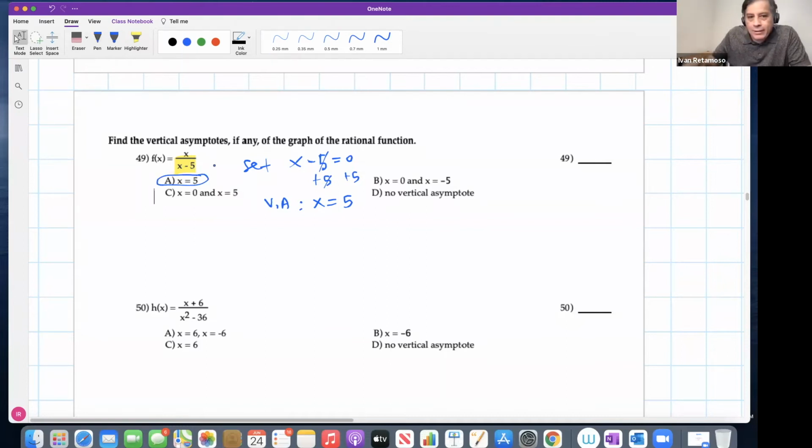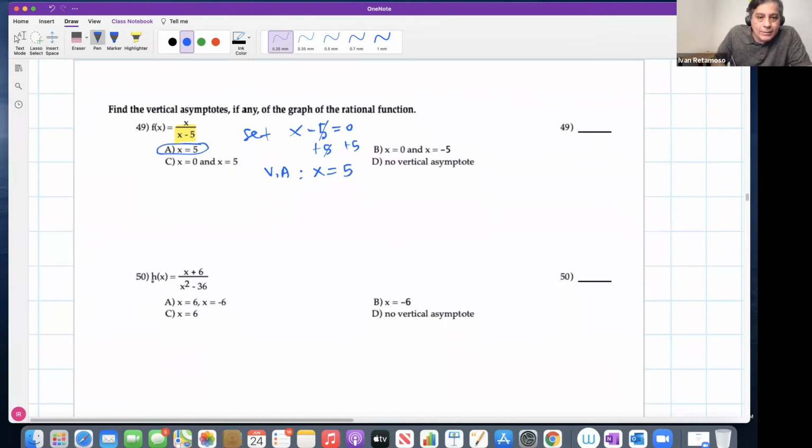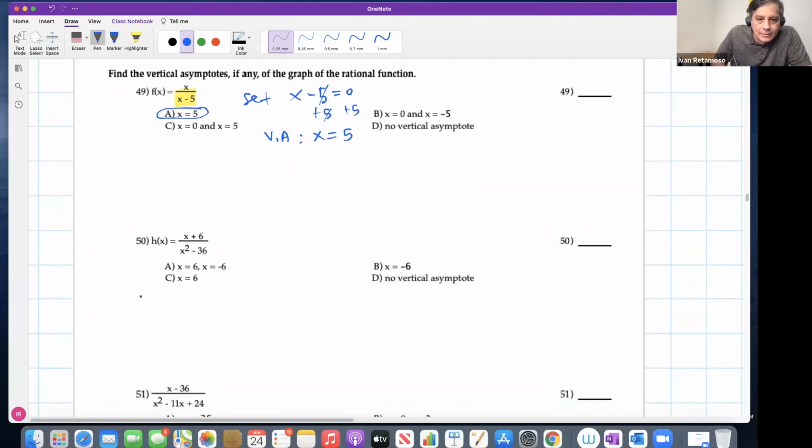That's 49. Then 50 now. Another one. This one is tricky, guys. Be careful with this. They ask you to find the vertical asymptotes. First, simplify. Very important. In this case, this h of x rational function, once you factor the denominator, admits some simplifications.